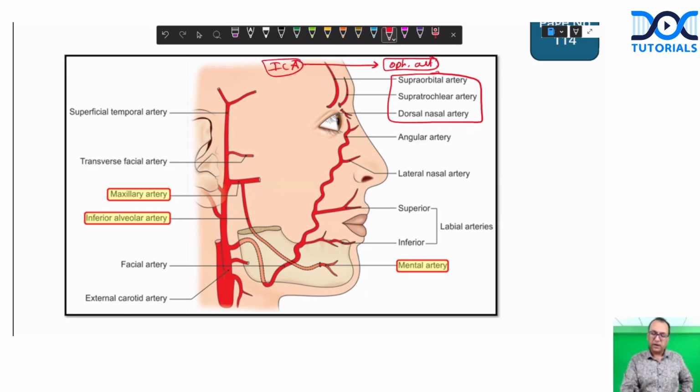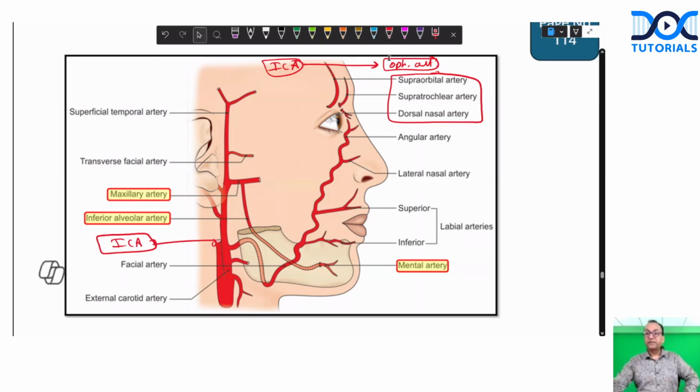And where is the internal carotid artery itself coming from? You see, this is the internal carotid artery. It comes from the common carotid artery. So the dorsal nasal, supratrochlear and supraorbital arteries are branches of the ophthalmic artery, which itself comes from the internal carotid artery, which was given here.